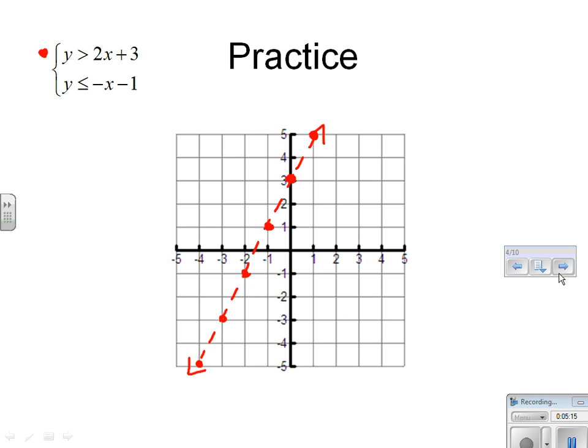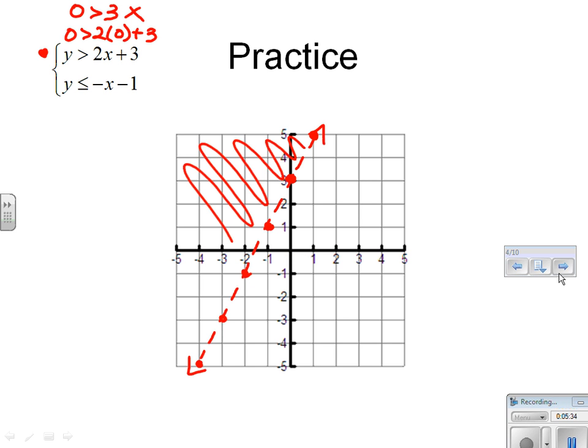But that's a little hard to tell, so I can also choose a test point like 0, 0. If I plug in 0 for y and 0 for x, I end up with 0 is greater than 3. Well, that's not true, which means 0, 0 is not a solution, which means I want to shade this side of the line.